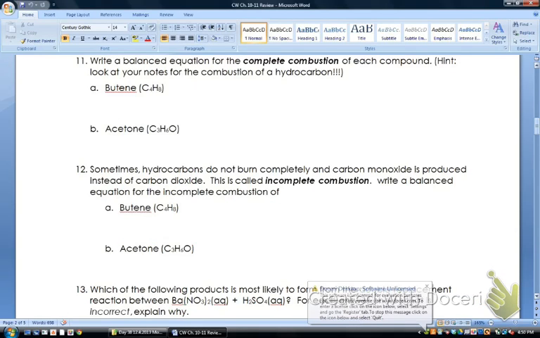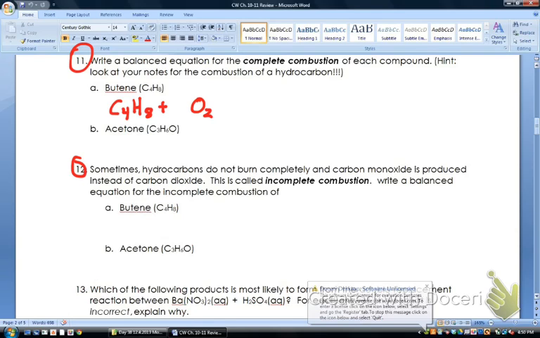Okay, the next 2 problems that we're going to do are on page 2. We're going to do numbers 11 and 12. So looking at 11, this is a complete combustion problem. So the thing that we're starting with is C4H8, and this is a complete combustion, so that means we are reacting it with oxygen gas, O2.